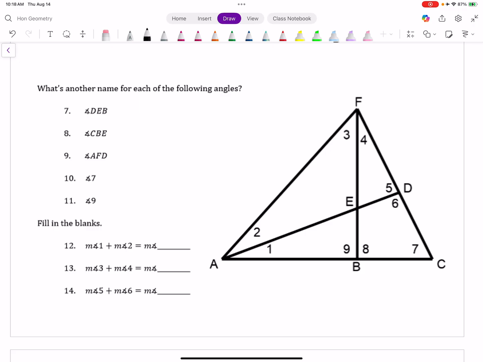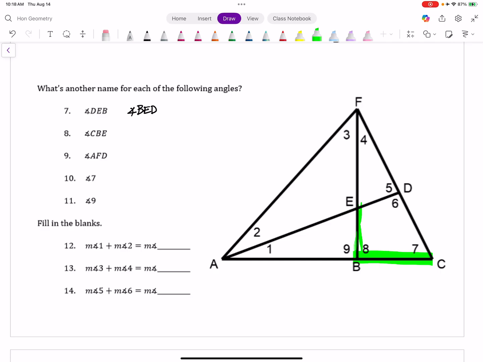And we've got the measure of angle DEB. Okay, so DEB. We're looking at this one. Give me another name for it. Well, really, the only thing else I could call it is angle BED. That's the only two ways to name that angle right there. Okay, next is angle CBE.